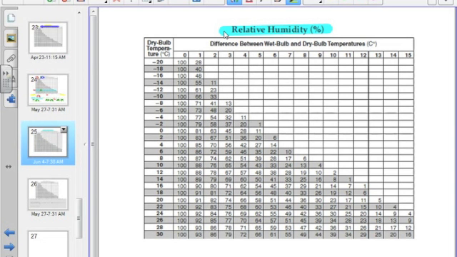We still see that the label dry bulb temperature will lead us down the left-hand column to the proper row of dry bulb temperature. And we still see that across the top, the difference between dry and wet bulb, when we subtract, will lead us to the proper column. Where they intersect will be our answer. So let's try a couple of questions based on relative humidity.